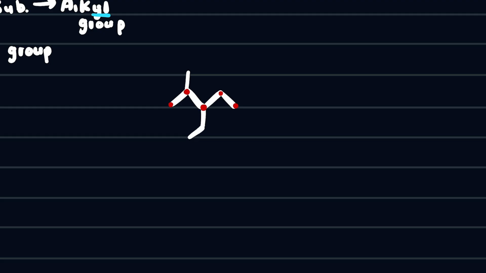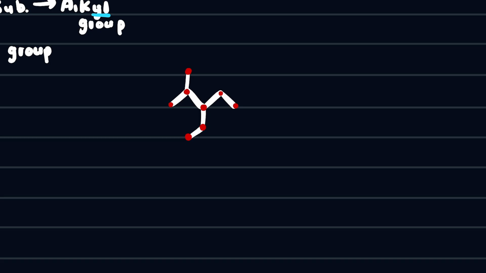So I added 1 carbon right here, and then I added 2 carbons over here, because each vertex is a carbon. And remember, there's implicit hydrogens. So if this middle carbon right here has 1, 2, 3 bonds to other carbons, then that means it has to have 1 hydrogen attached to it.